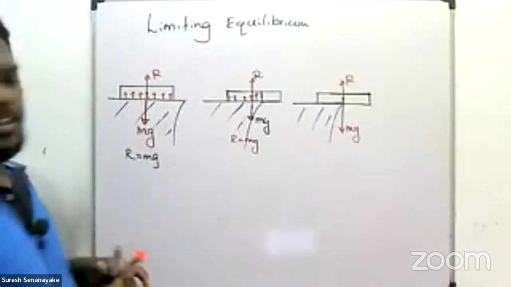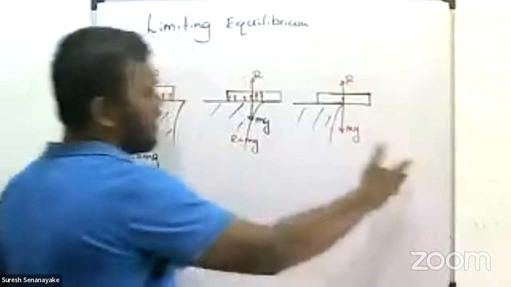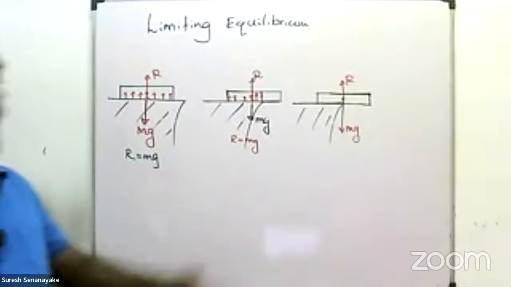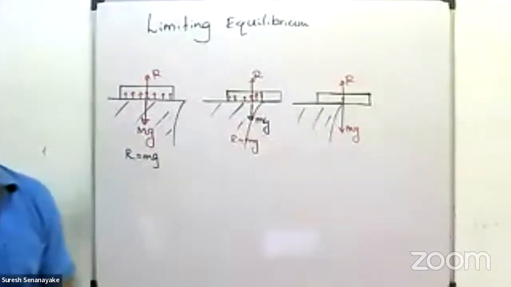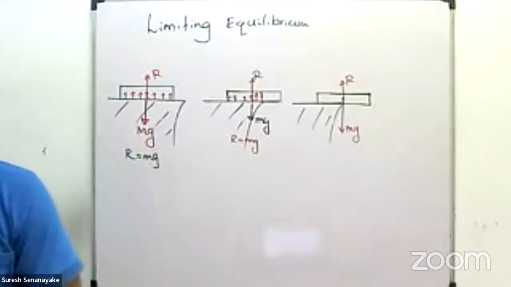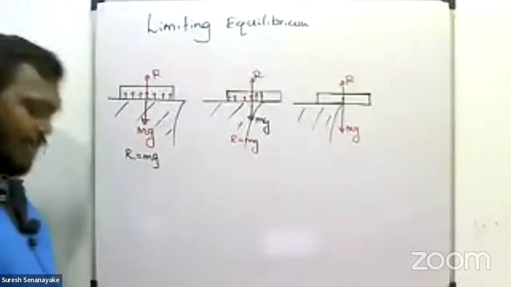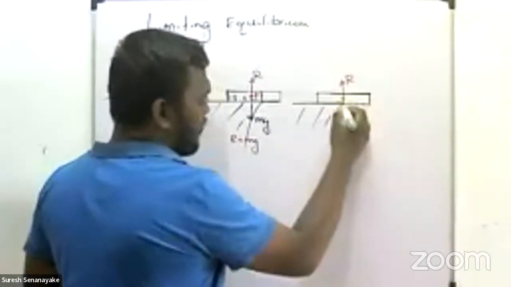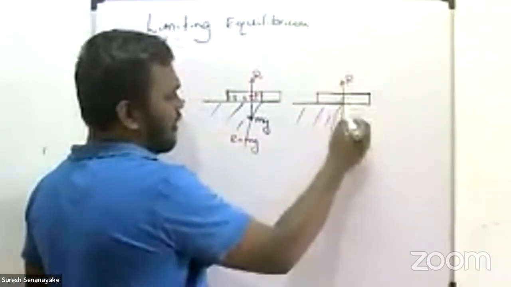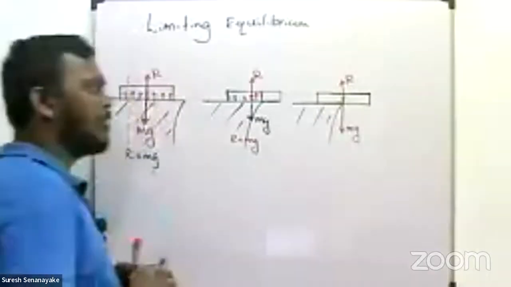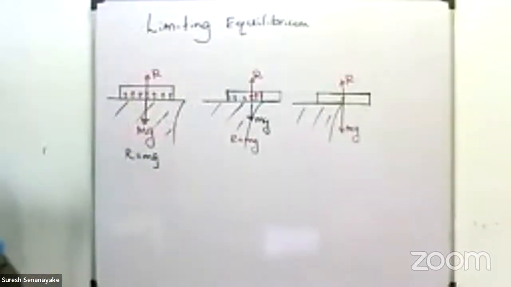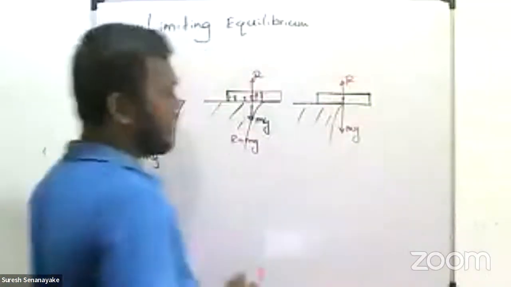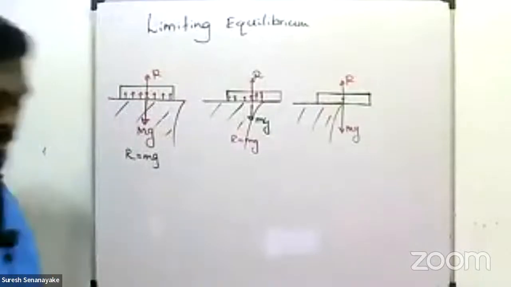In this case, on the right side there is no contact point with the table. Only the left side is in contact, but you can assume the only contact point with the table is at the center of gravity. Two forces act at the same point. Now this block is in contact with the table only at this point, which passes through the center of gravity of the body.